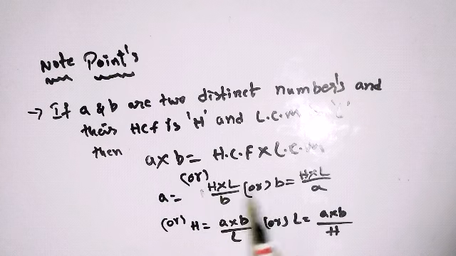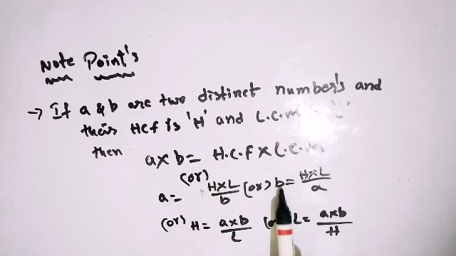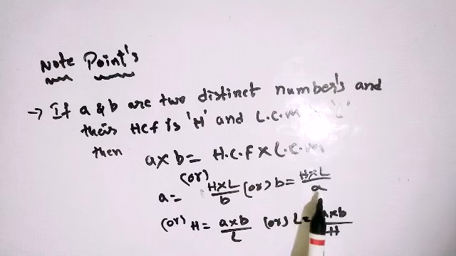Or else B is equal to HCF into LCM, that is H into L, and we take this A in the denominator because of transposing.